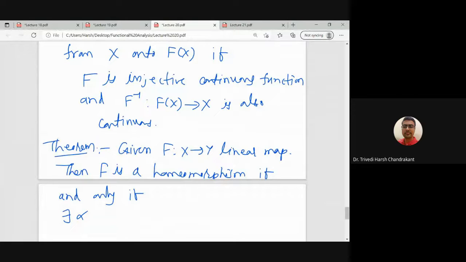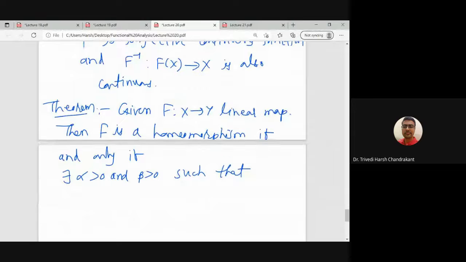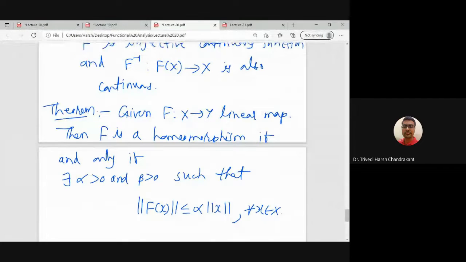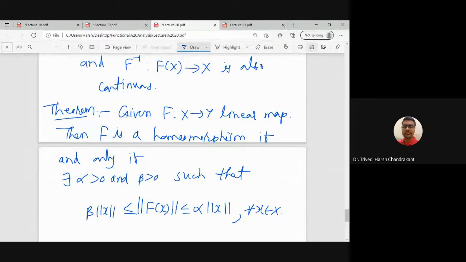So there exist alpha greater than 0 and beta greater than 0 such that the condition of continuity is this. We already know if f is continuous, then it satisfies this condition. But now f inverse is also continuous, so this is greater than or equal to beta times norm x. So kind of a squeezing is happening here.